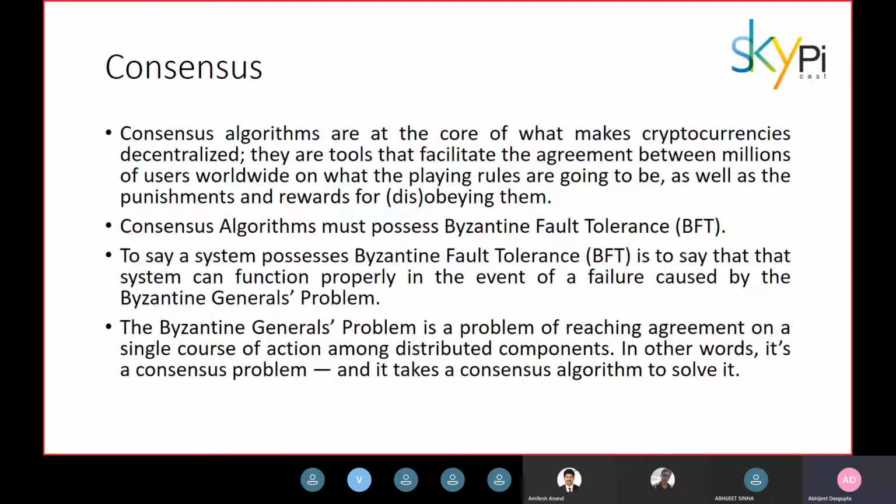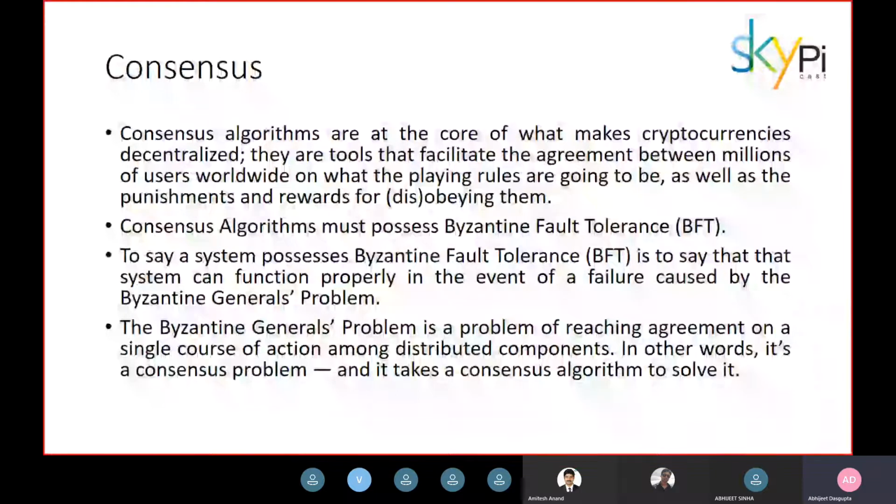Even though at first glance the Byzantine generals problem may seem deceptively simple, a simple algebraic calculation shows that it requires at least 3n plus 1 loyal generals to cope with n traitors. Put in other words, this problem can be solved if more than 2/3 of the generals are loyal.